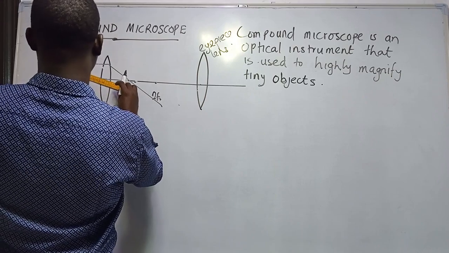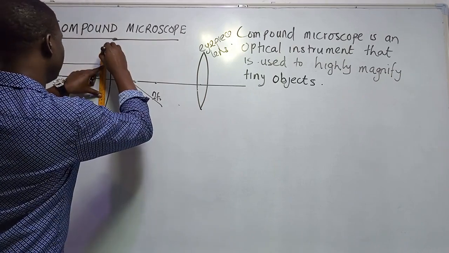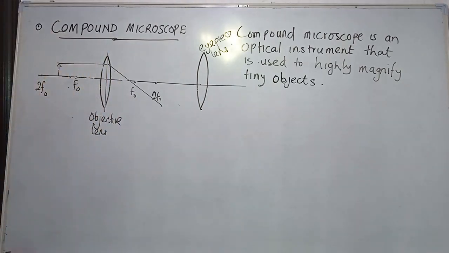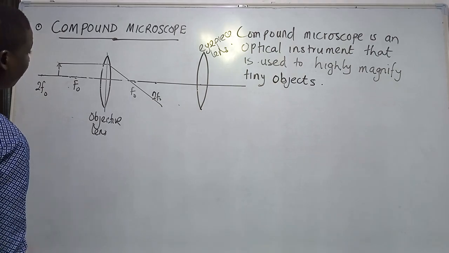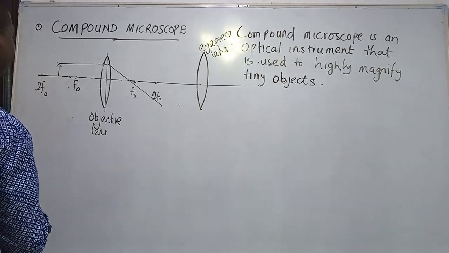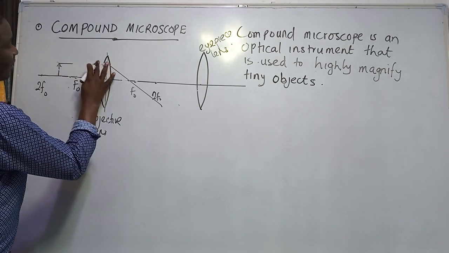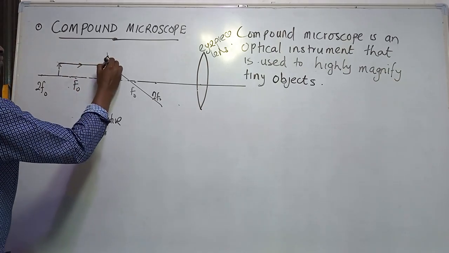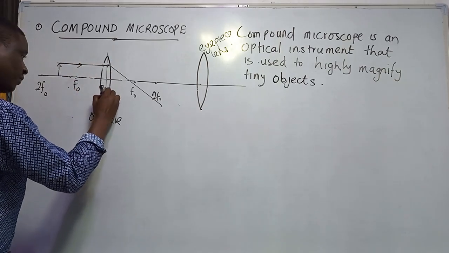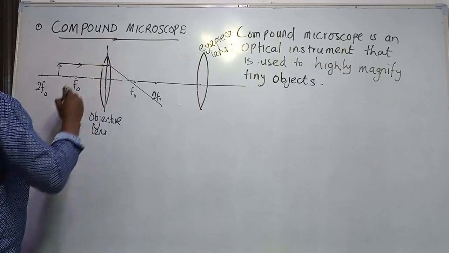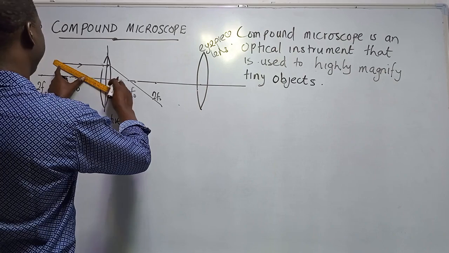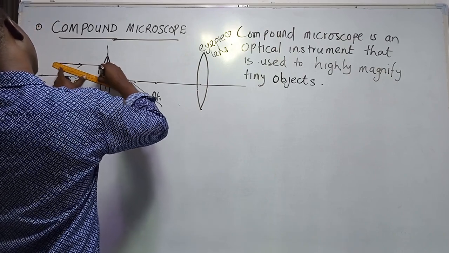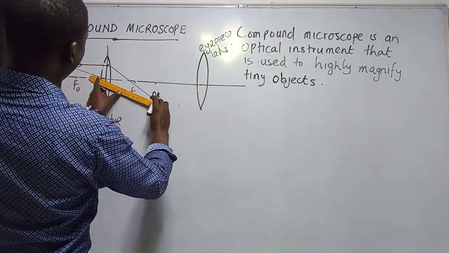Then there is the optical center. The ray of light parallel to the principal axis passes through this point, the optical center.